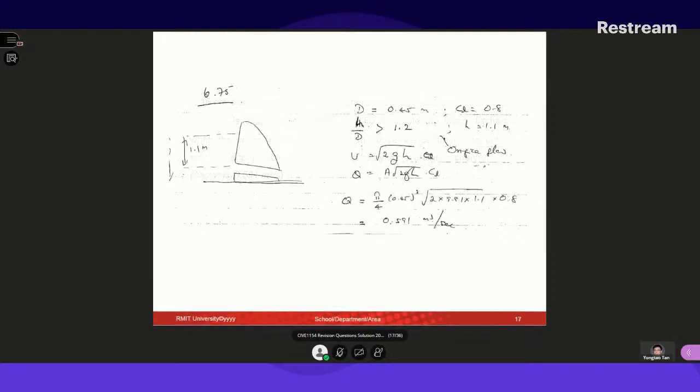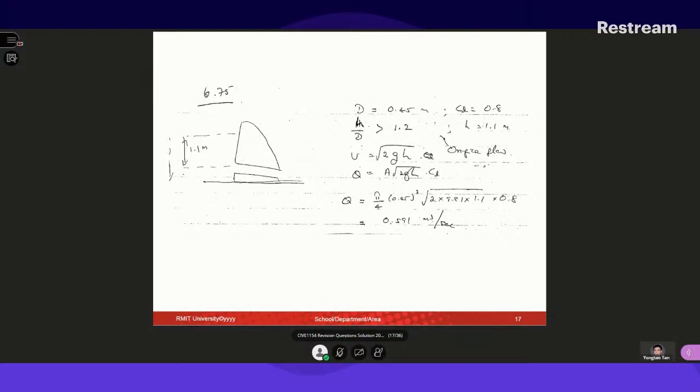Now this is the question. The distance from the center of the pipe to the water level is 1.1 meters. So we get H is 1.1 plus 0.45 over 2.